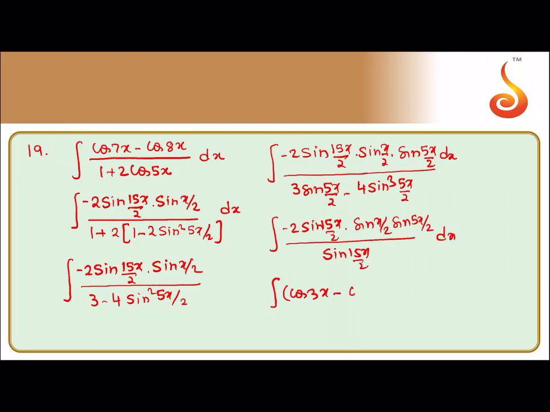Again, applying the formula for 2 sin a sin b, we get integral of (cos 3x minus cos 2x) dx. This is nothing but 1 by 3 sin 3x minus 1 by 2 sin 2x plus c.